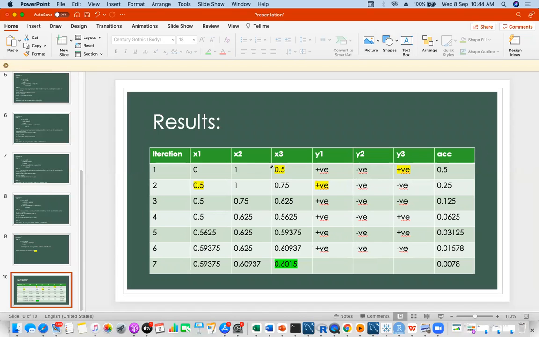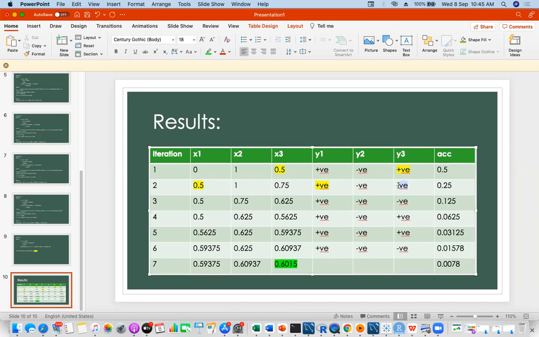And this x3 will come in place of x1, right? So now in the next iteration we have x1 as this x3. Now again we will calculate x3, that is x1 plus x2 divided by 2, that is 0.75. Again we will calculate y3 and we get y3 as negative.